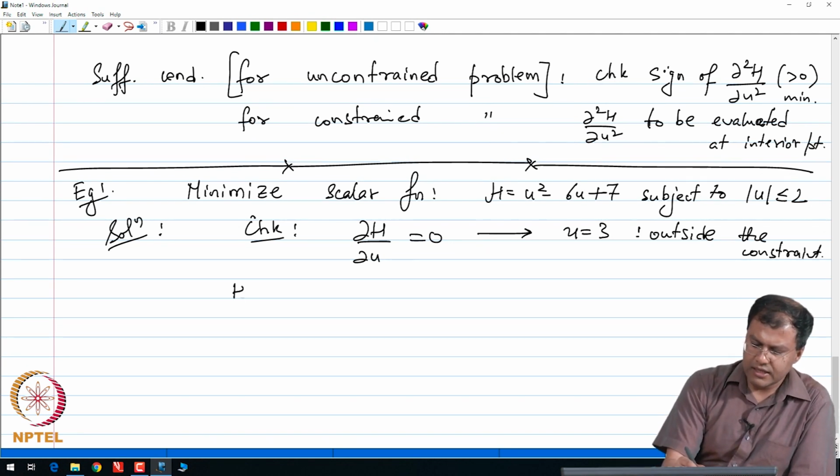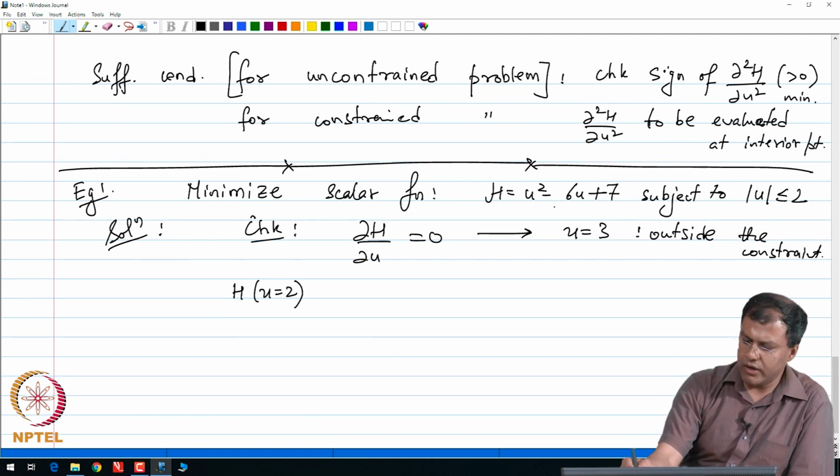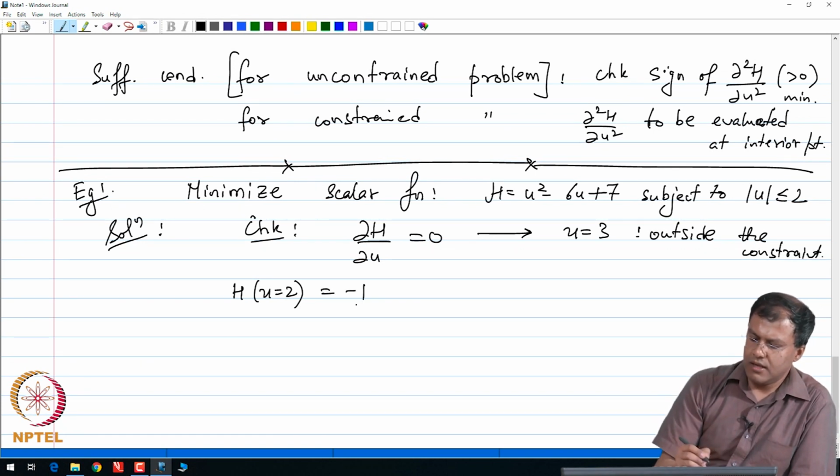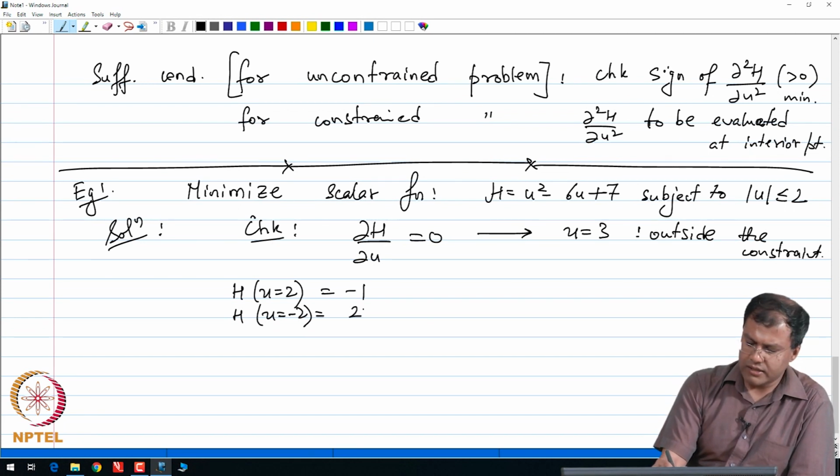Notice that h at u equal to 2, if we plug u equal to 2, we are going to get minus 1, and h at the other boundary u equal to minus 2, we are going to get 23, right.